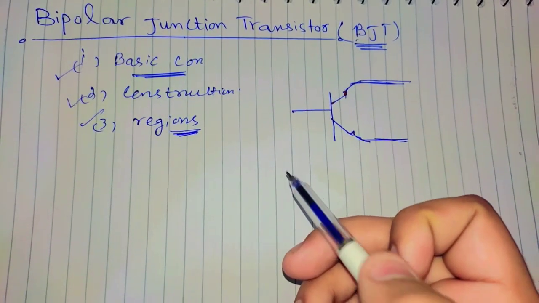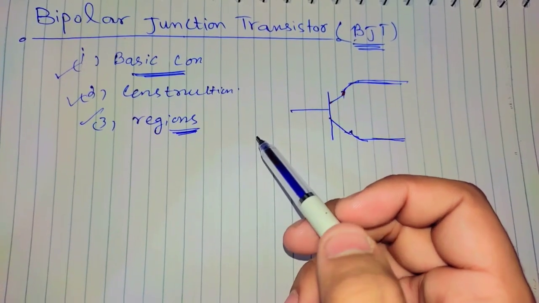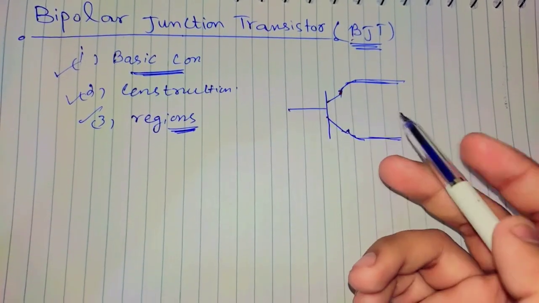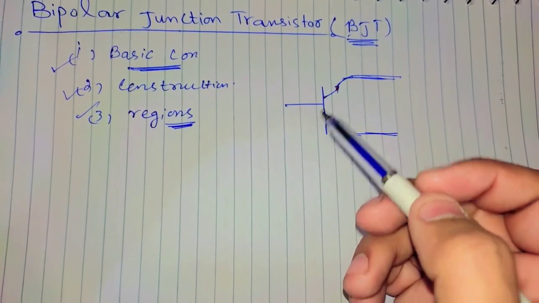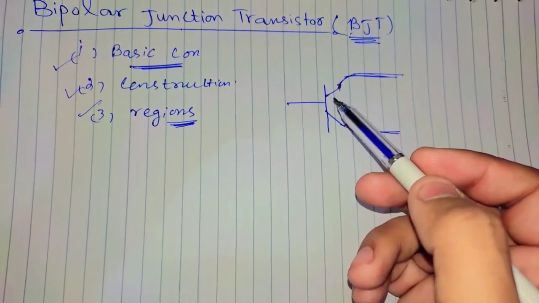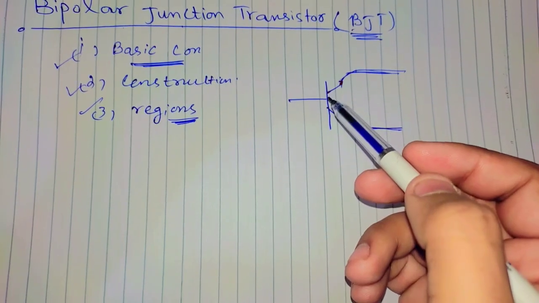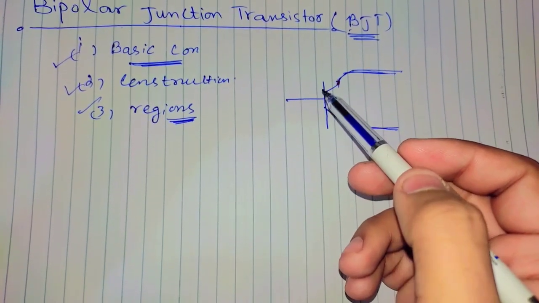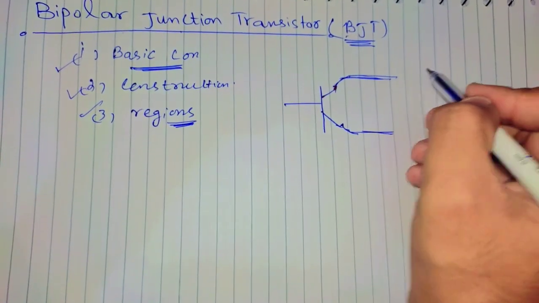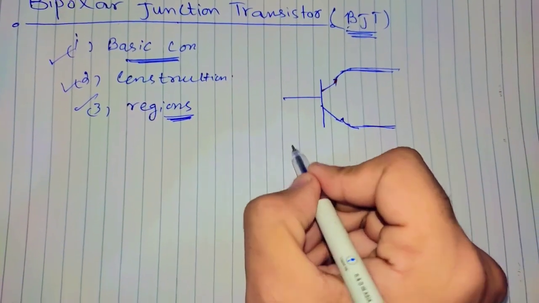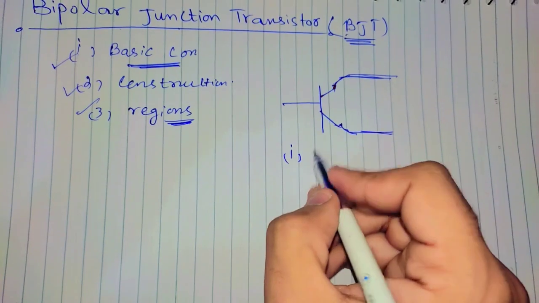Okay, let's start our lecture with the definition of a bipolar junction transistor, what is the bipolar junction transistor and why we use it. The basic definition is that the bipolar junction transistor is a semiconductor device which can be used for switching or amplification. So we use it for 2 purposes.